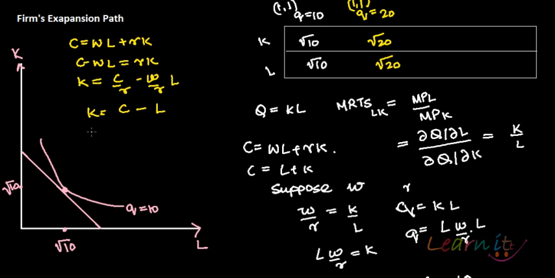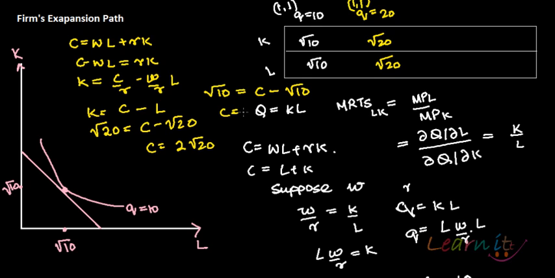In case I want to produce root of 20 of K and L, my C actually has to be equal to 2 root 20. When K was equal to root 10, my C was 2 root 10.